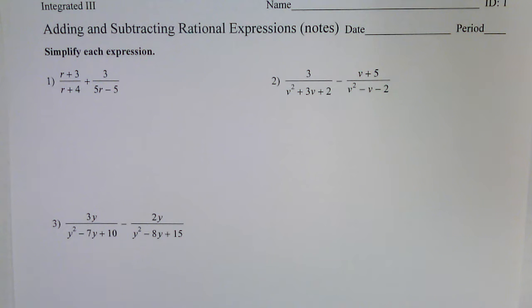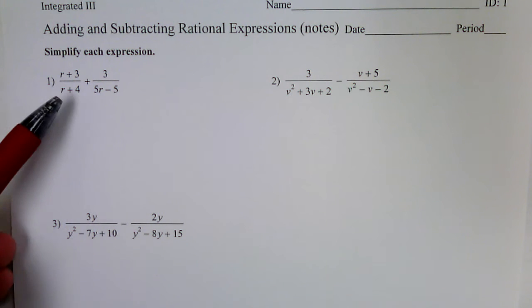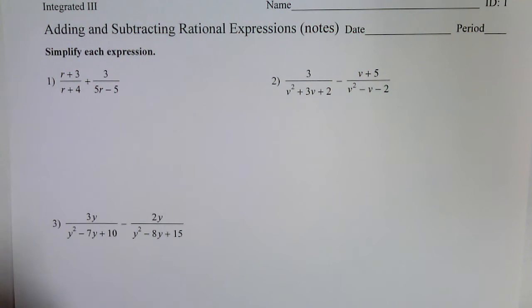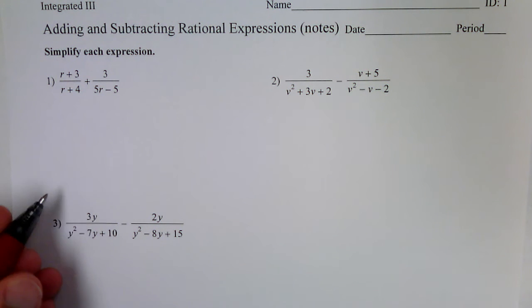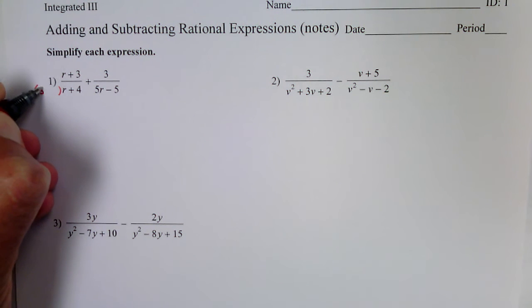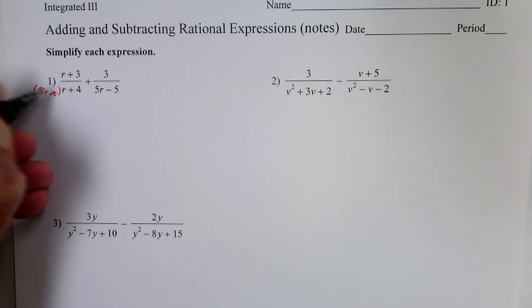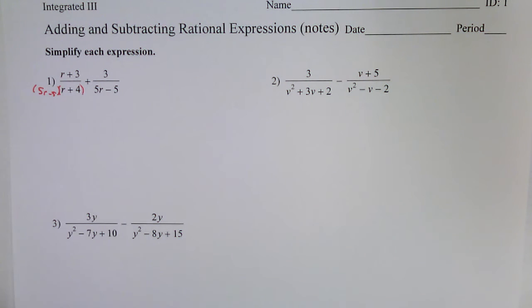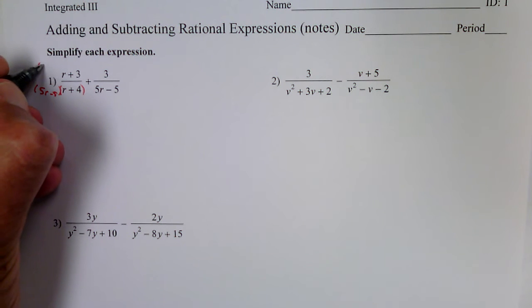So, we'll start out here with number 1, and in number 1 you see that you have a denominator of r plus 4 and a denominator of 5r minus 5, which means that our common denominator is going to be r minus 5 times r plus 4. So since we're missing that on the left side here, we're going to multiply top and bottom by 5r minus 5.